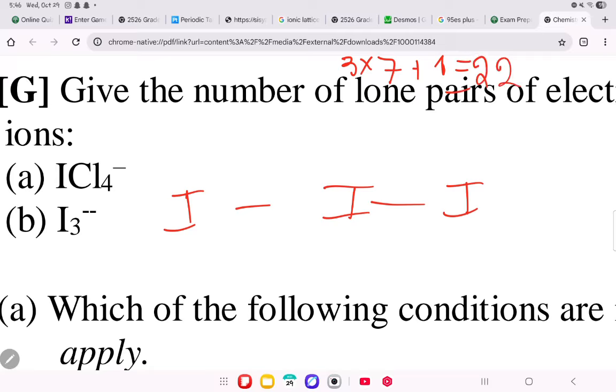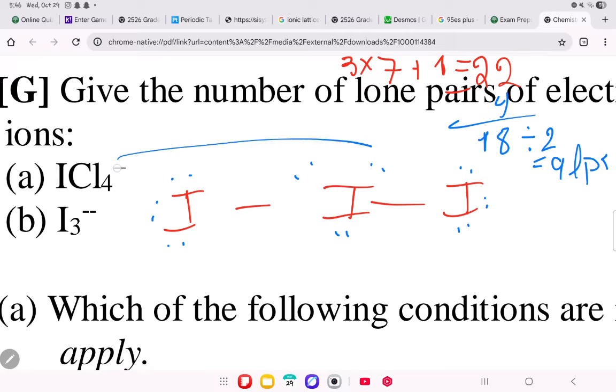So we have 2 single bonds, that's gonna be 4 electrons. 22 minus 4, that's gonna be 18. So 18 electrons divided by 2, that's going to be 9 lone pairs. So we have to have 1, 2, 3, 4, 5, 6, 7, 8, and 9. It's okay for the central atom to have an extended valence shell, because it's after period 2. Okay, so that's it for question number 13.